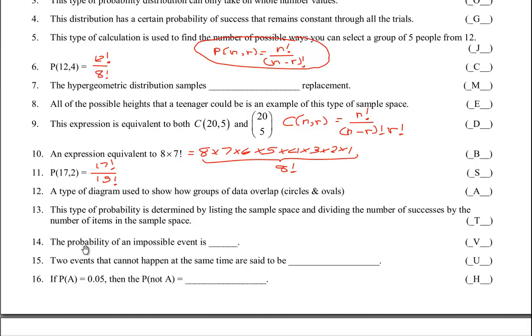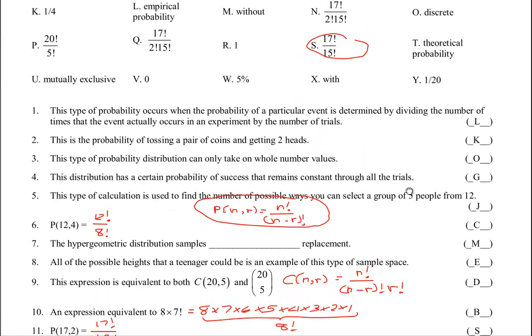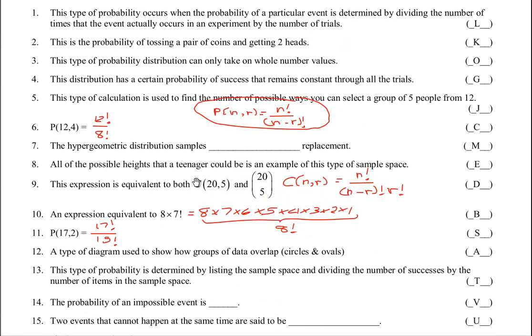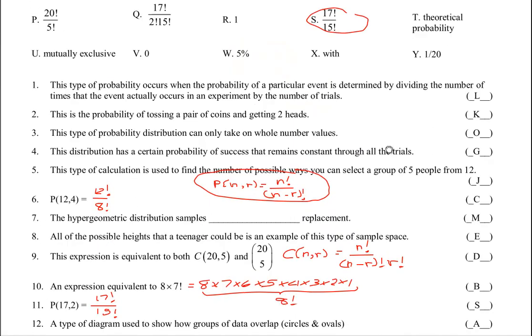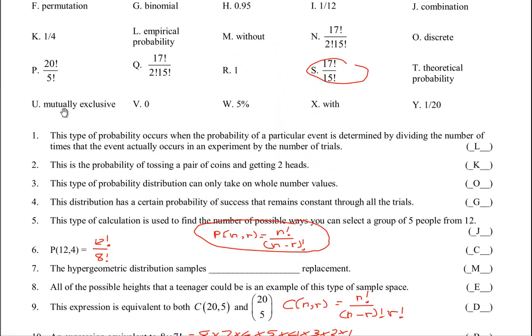Number 14, the probability of an impossible event would be 0. If it's impossible, it has a 0% chance of happening, and that's answer V here. Number 15, two events that cannot happen at the same time are said to be, and the answer is U here, and they are called mutually exclusive.